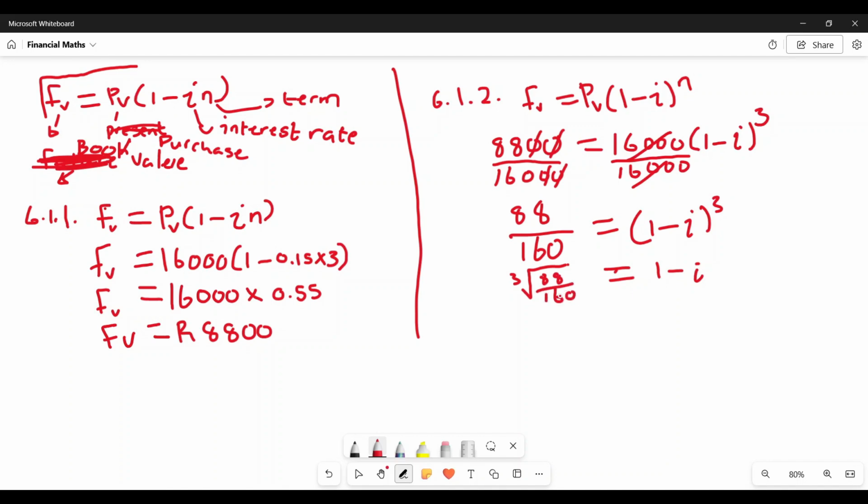I'm just avoiding using my calculator. At this point, you could type it in and use it as decimals or simplify it, but I will leave it for the sake of this video.